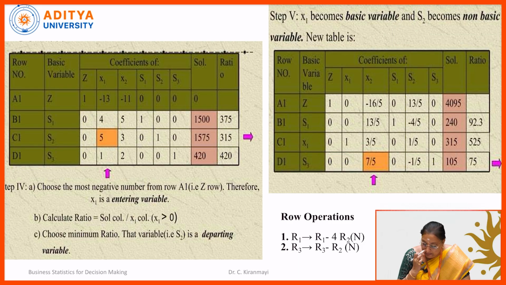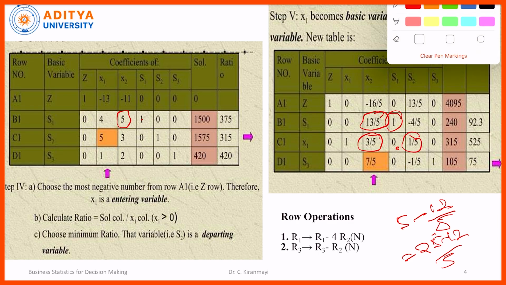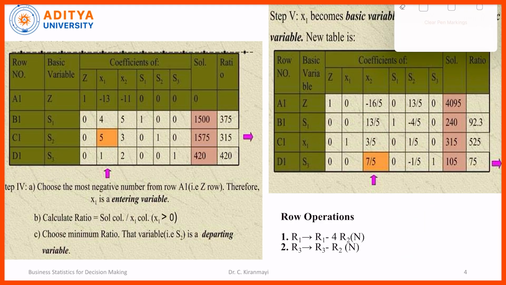Multiplying 3 by 5 with 4 gives 12 by 5, and this 12 by 5 must be subtracted from 5. 5 is 25 by 5, and 25 by 5 minus 12 by 5 is 13 by 5. Next, 4 into 0 is 0, 1 minus 0 is 1, so we write 1. Then 1 by 5 multiplied by 4 becomes 4 by 5.